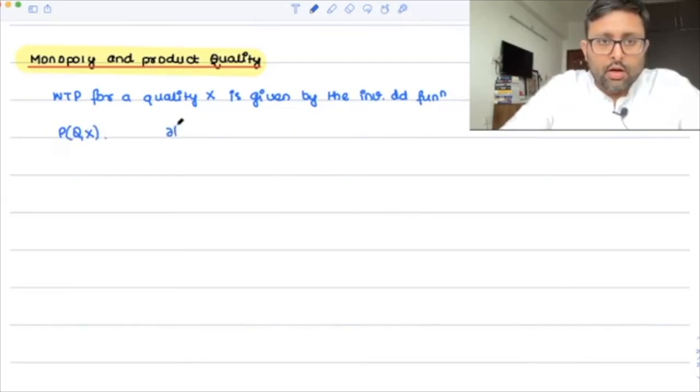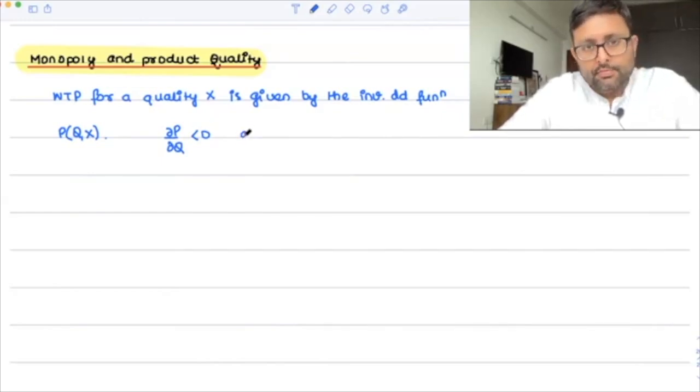So, del P by del Q should be negative. That is, if quantity is going to increase, of course, you have to sell this at a lower price, right? But del P by del X is greater than 0.